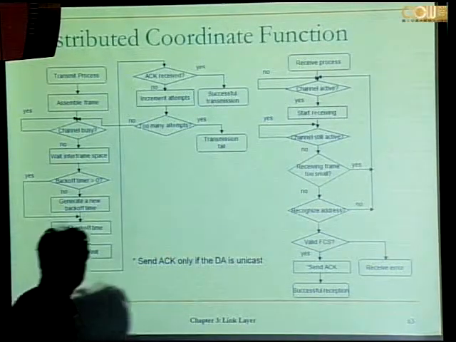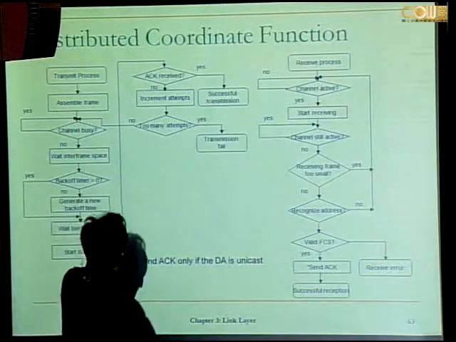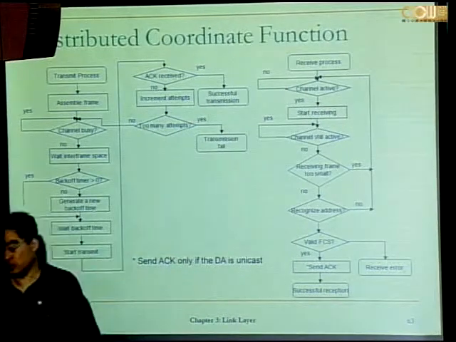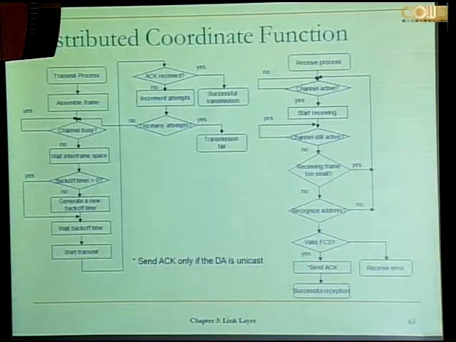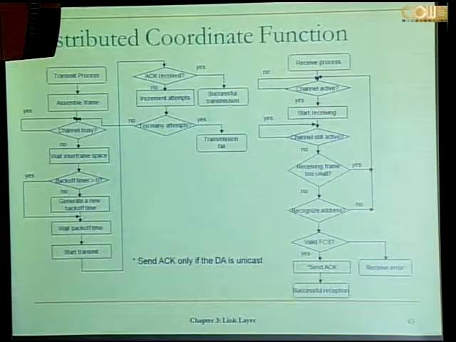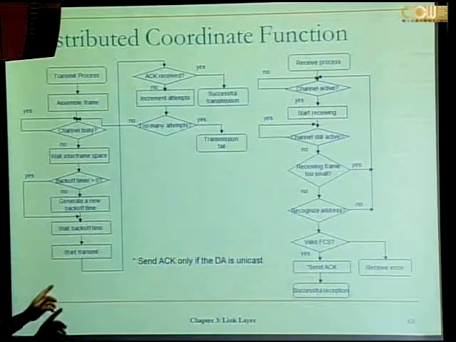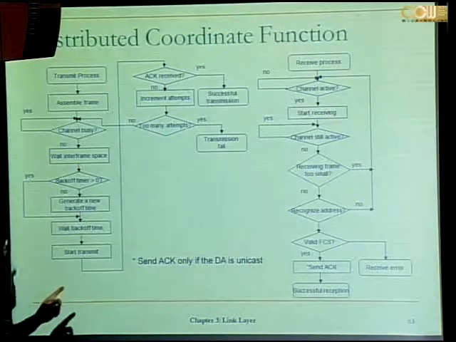Okay. And then when you start to transmit, do you do collision detection? No, you don't. You transmit until you finish. So you transmit the whole frame. You don't do collision detection now. But after your transmission, you wait for acknowledgement.